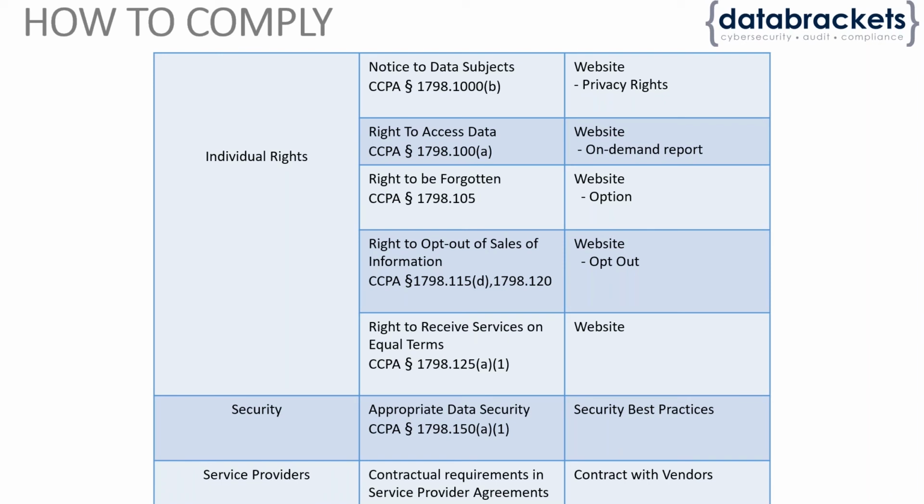Having said that, with respect to individual rights, what GDPR and CCPA are forcing companies to implement is a good data inventory and data mapping process, so that companies know how they are collecting, processing, and sharing this consumer or personal information within the company, within their systems, and also with other third parties.